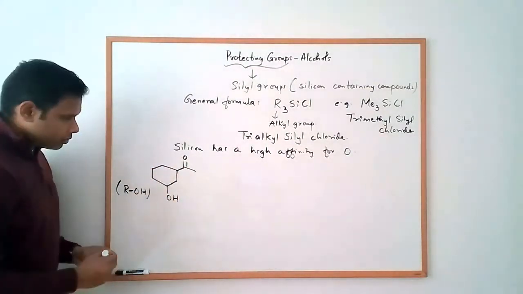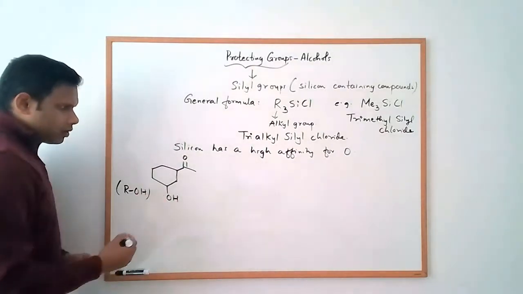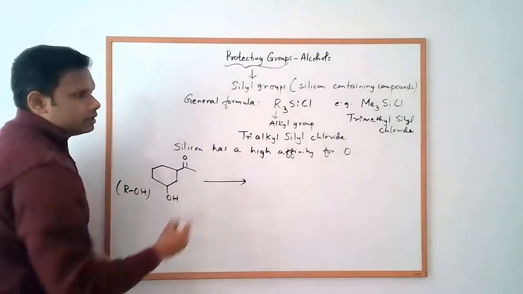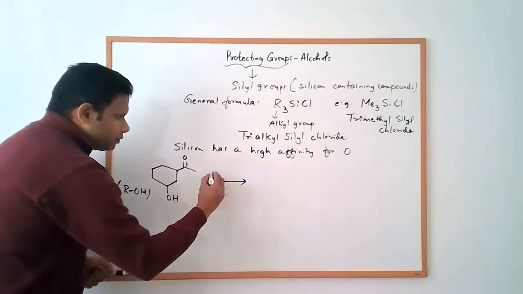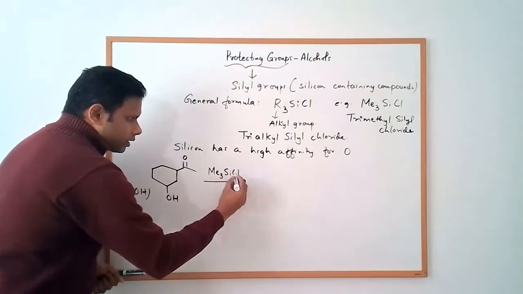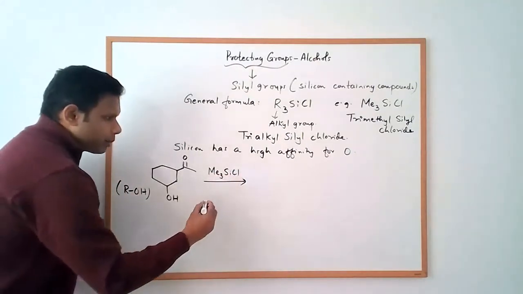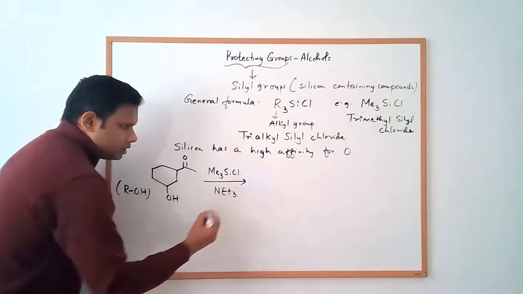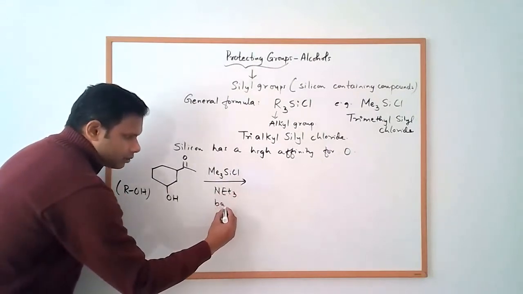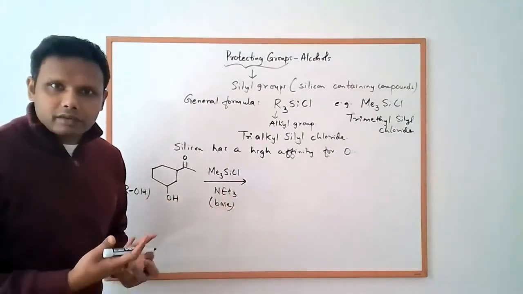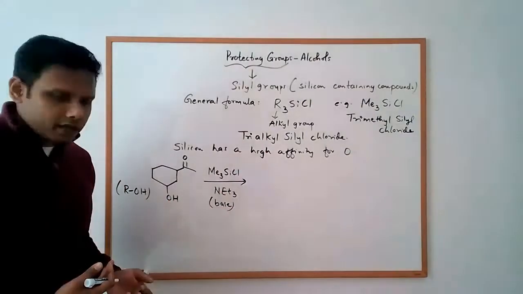That's your R group. So when you have an alcohol, you react this with the silyl chloride, and we'll use the specific silyl chloride, trimethyl silyl chloride, in presence of a base. Triethylamine is a classic base. Now, this is not the only base, but that's a classic example of a base that's used for these reactions.